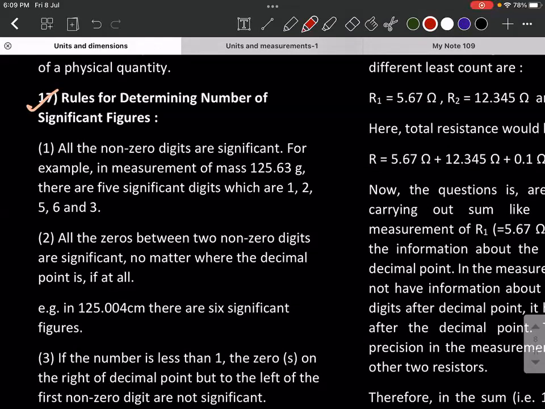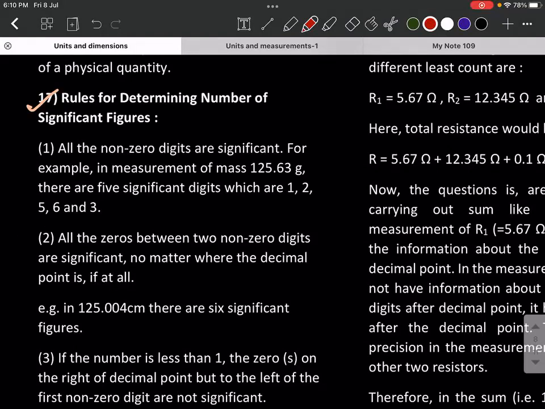All those zeros are considered to be significant. For example, I have a 1 and a 5. If I introduce one 0, it becomes 105. It contains 3 significant figures, 1, 0, and 5. If I introduce 2 zeros, 1005. So those 2 zeros are also significant. 3 zeros, significant. Like this, any number of zeros that I introduce between two non-zero digits are always significant.